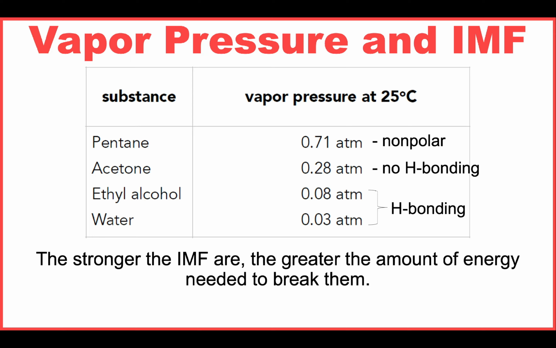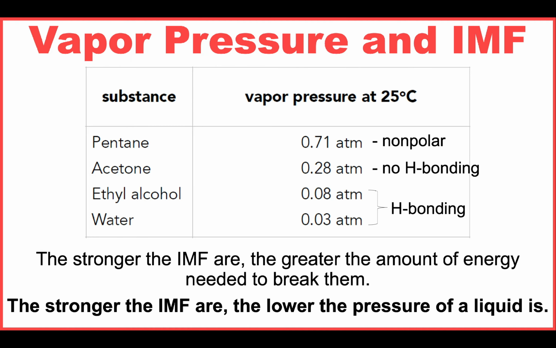So that's why many molecules can vaporize, resulting in a high vapor pressure. But for molecules with strong intermolecular forces, gathering enough energy may not be as easy and therefore register low vapor pressures.